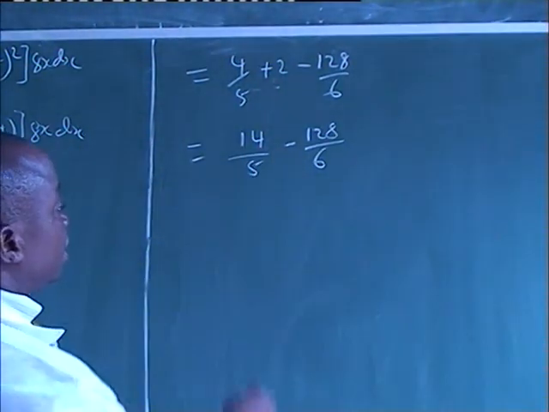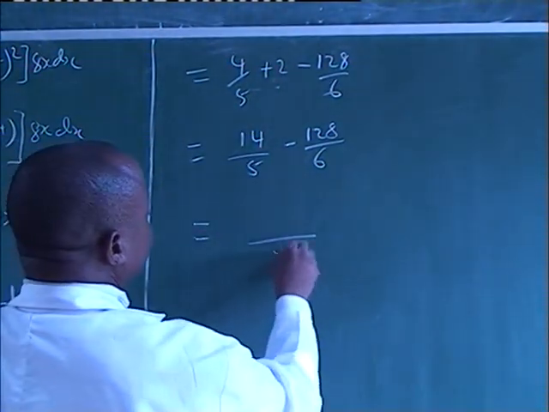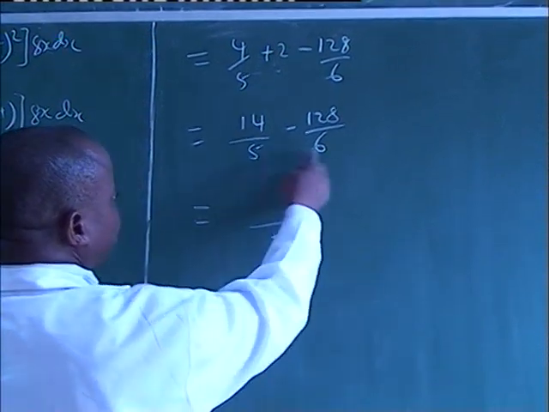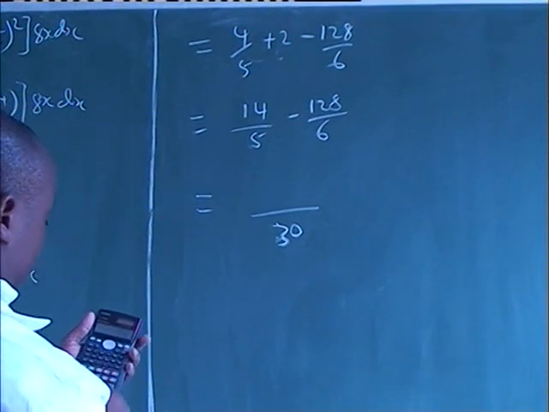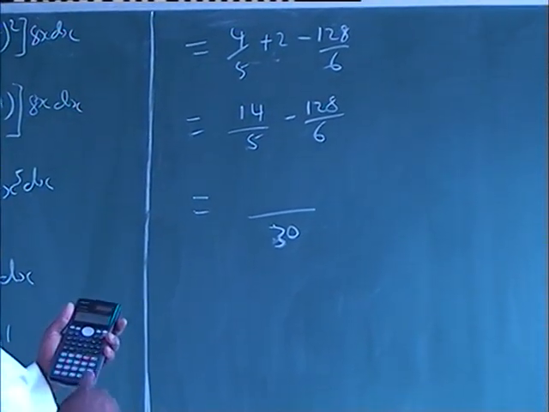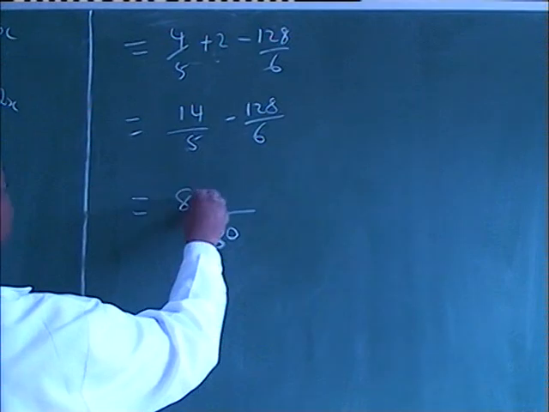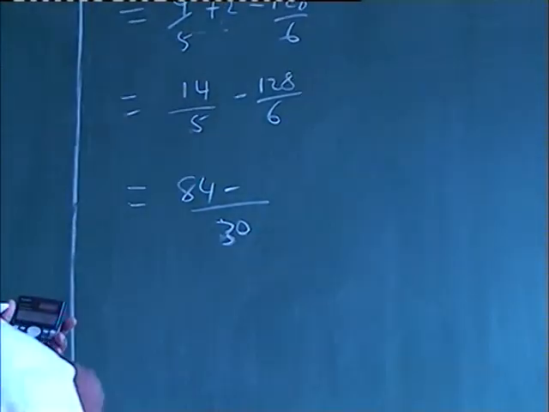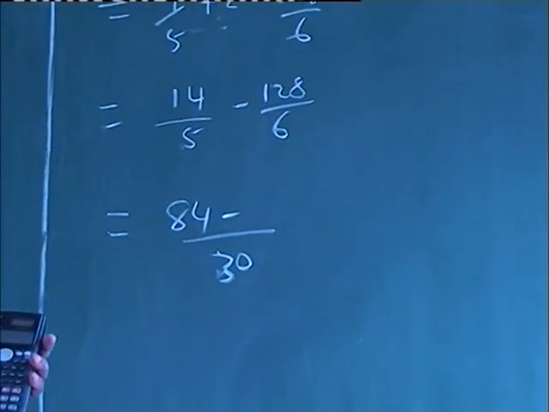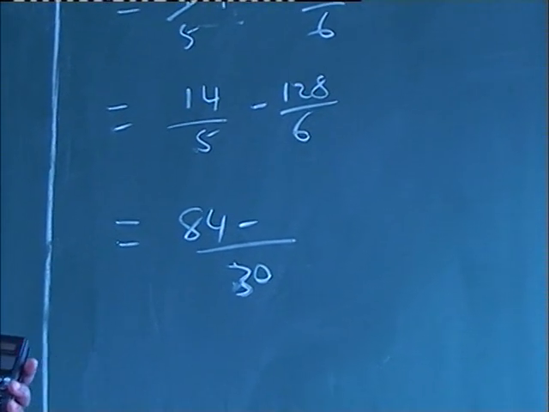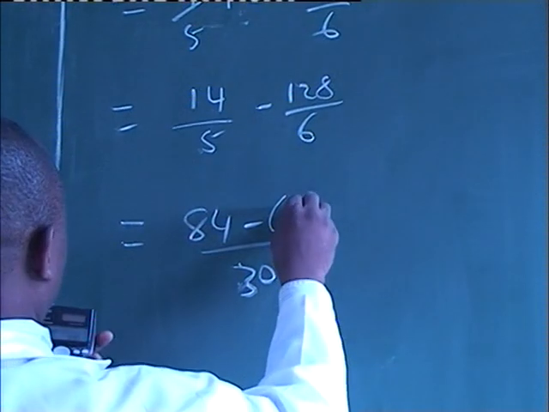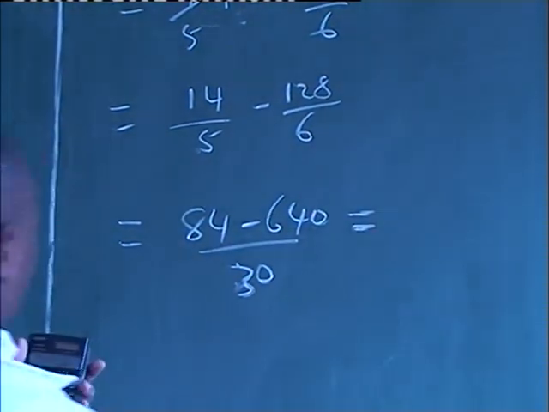So we have this. Now, which is the same as 30, because the LCM of this is 30. 30 divided by this is 6. So 6 times 14 gives us 84, minus, if you go this way, 128 times 5, and that is minus 640.